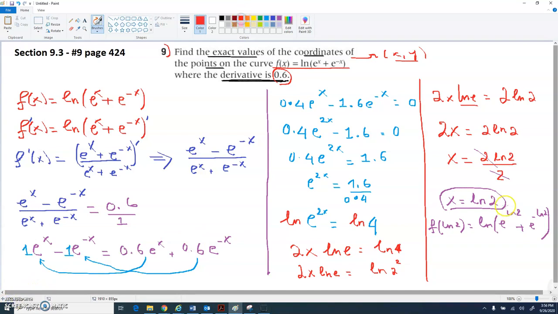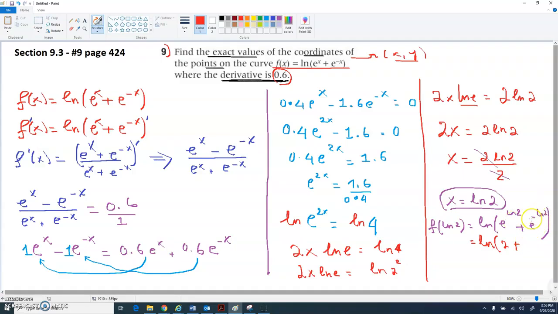Coming to here, I hope you guys remember that e to the natural log of 2 power is equal to 2. Plus, you can always rewrite the negative exponent by bringing it down, so you can put 1 over e to the natural log of 2.